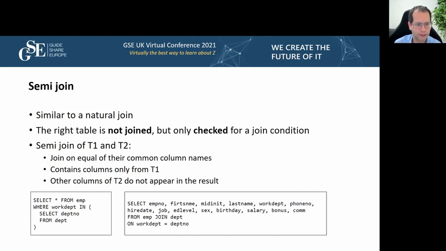In the example at the bottom, I am selecting employees that work in any department. Instead of this subquery, I can code it as a join and just have its join condition, but I'm selecting only from the employee table and I don't care about the department table. So this is yet another technique for how you can rewrite your subquery into a join.